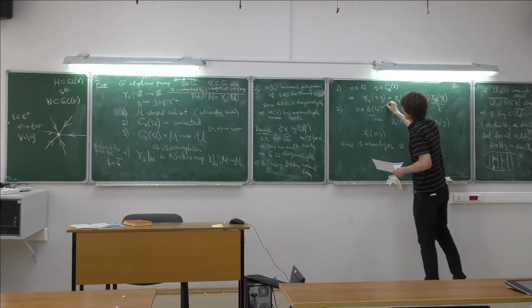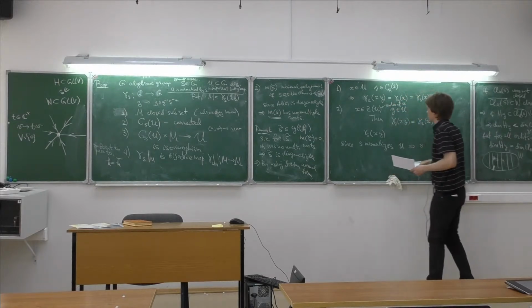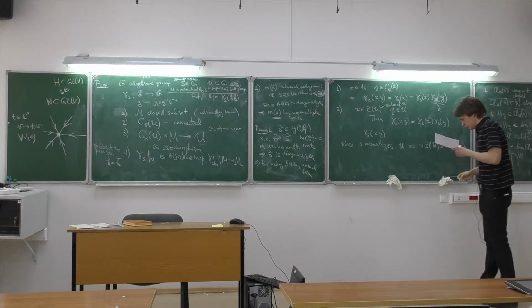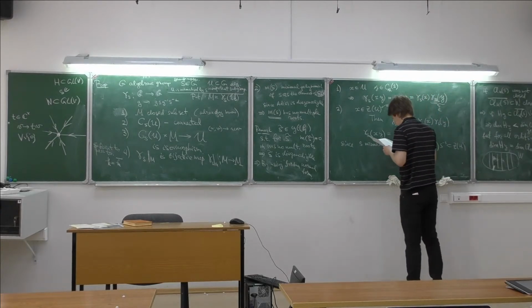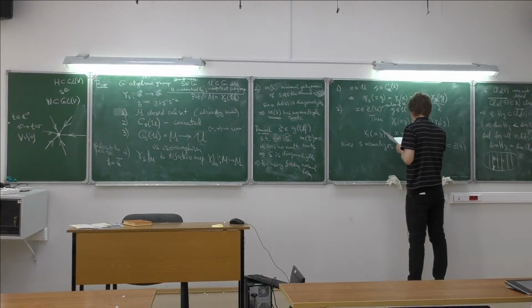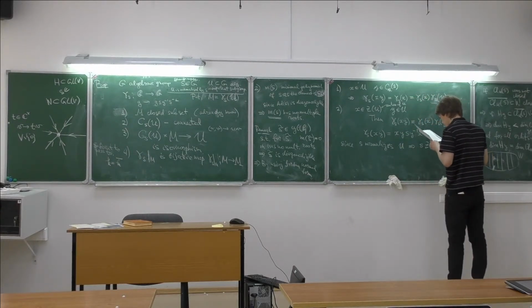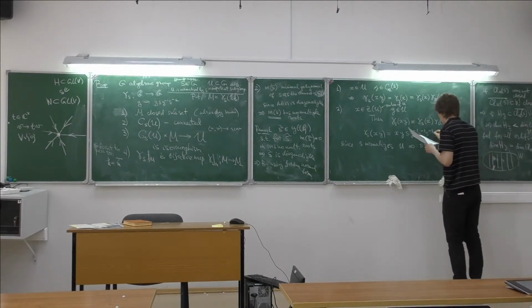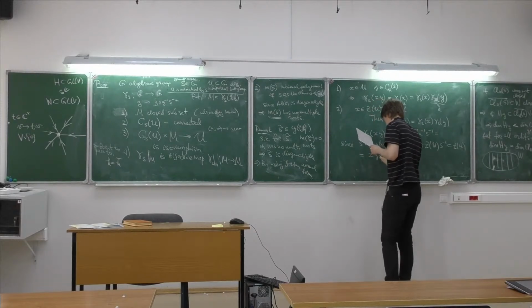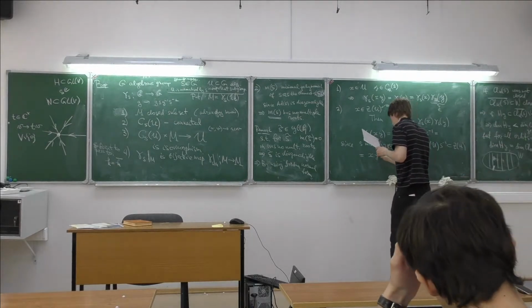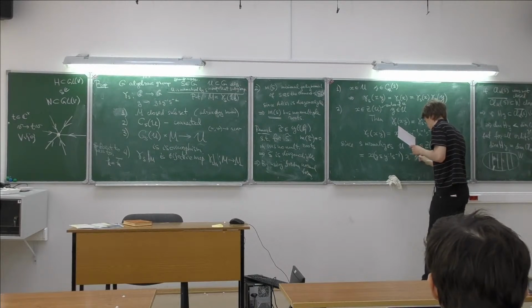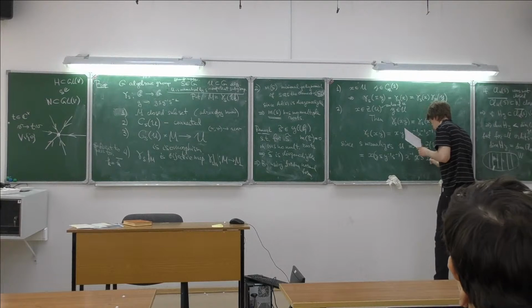So S Z(U) S inverse sits inside the center of U, and this implies that you can just write down xy s y inverse x inverse s inverse, and I claim that this is equal to x y s y inverse s inverse x inverse x s x inverse s inverse.